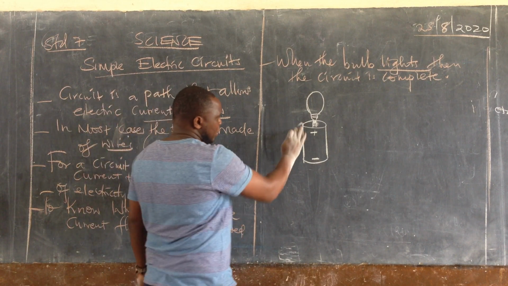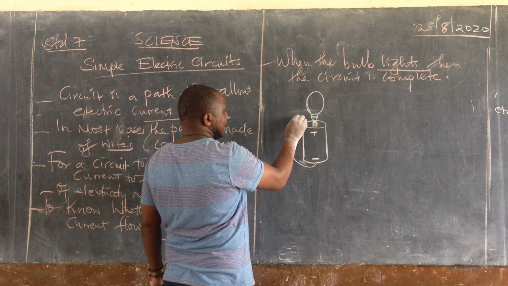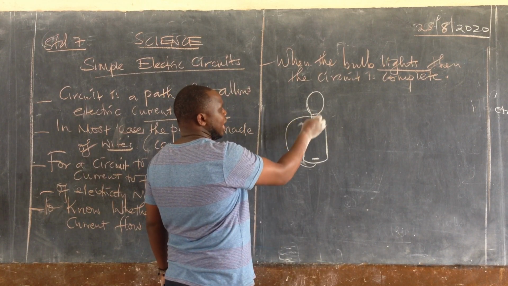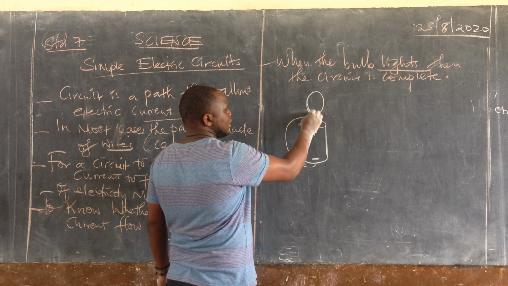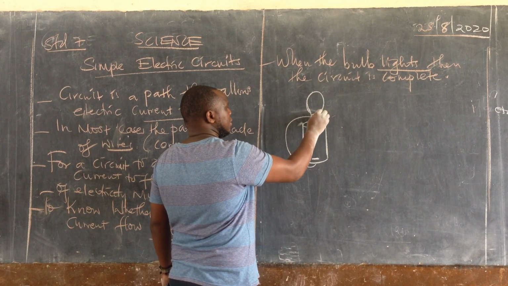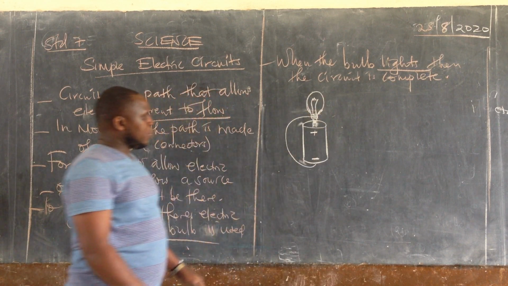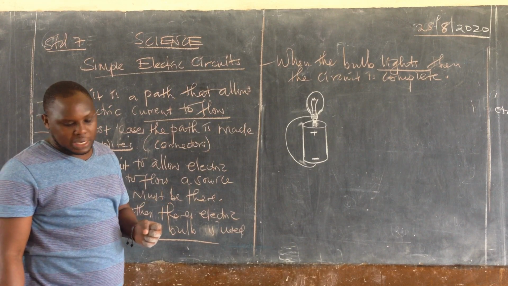From there, we shall have the connectors, that is the wire, from that point, and it's going to be wrapped here. So you don't tie this wire connector here, we rather do it on this part. Then we have the filament. This is a simple electric circuit that you can label.